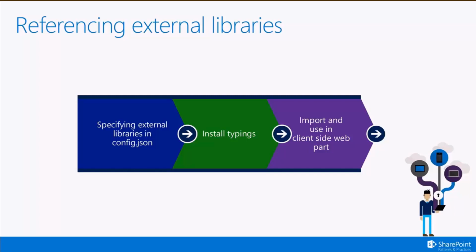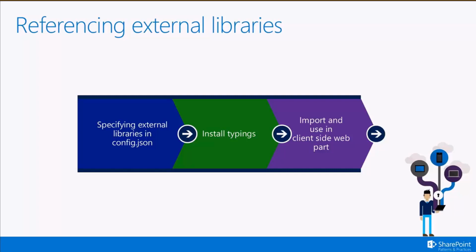In the original drop, which started the dev preview, there were some issues around the process of referencing external libraries, and that has now been fixed. As we head towards production and worldwide usage, obviously these things will be working accordingly. What you need to do is, within your client-side web part solution or project, go to the config.json file where we reference individual JavaScript libraries, and make a definition of the external library in that config.json.